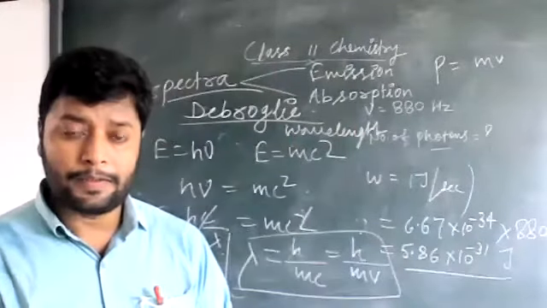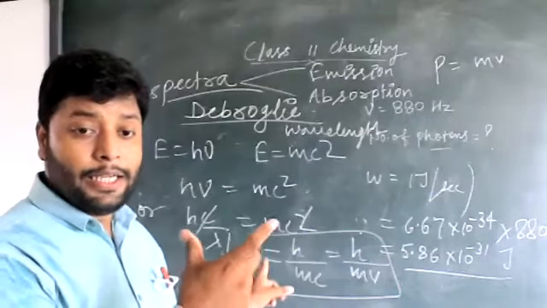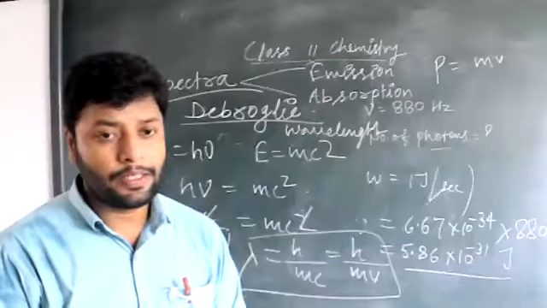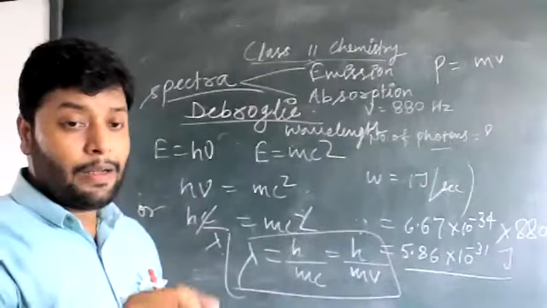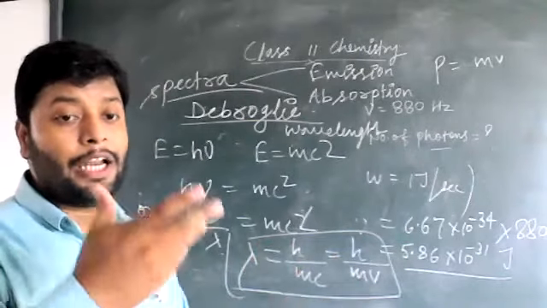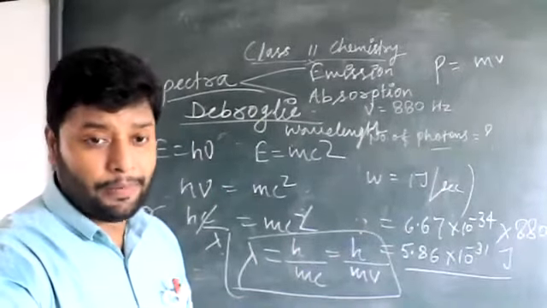Look, one more thing. If lambda is very, very low, we can neglect the value of lambda for that body. Lambda should be appreciable for any body, and for that lambda should be fairly large, like in a picometer or in an angstrom.